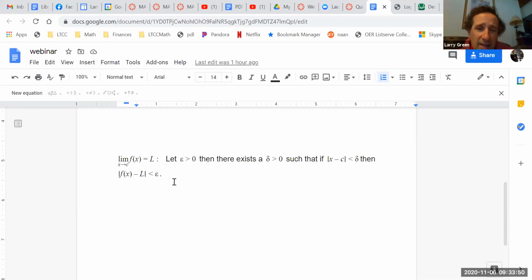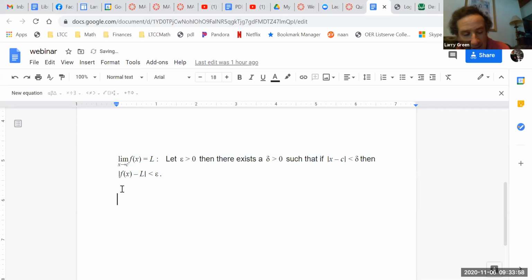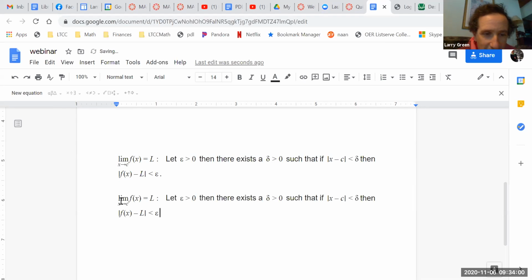So we want to take this and adjust it. This was just the general definition of a limit when you don't have to worry about infinity. So I'm going to copy and paste, and now instead of L, let's put infinity.